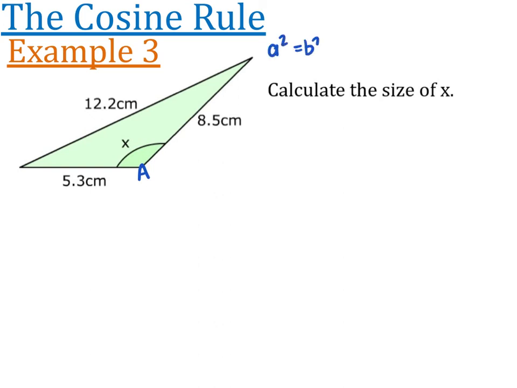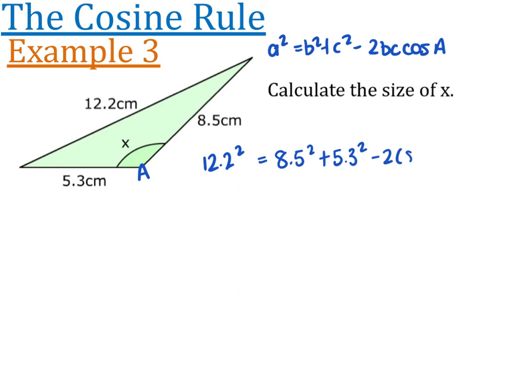A squared is B squared plus C squared minus 2 lots of BC cosine A. Substitute in what I know. 12.2 squared is equal to 8.5 squared plus 5.3 squared minus 2 times by 8.5 times 5.3 times the cosine of A. So now when I square 8.5 and 5.3 and subtract them, I actually get a positive this time.